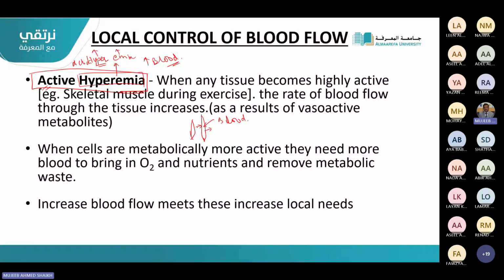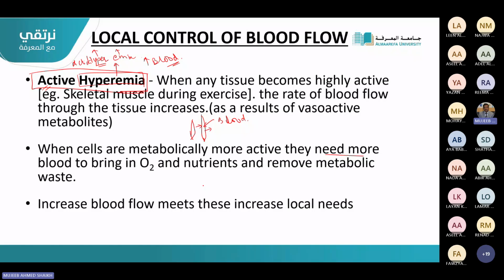Many factors are there. Temperature will increase, the oxygen supply will decrease, carbon dioxide will increase. All of these will cause increased blood flow to this area, to the skeletal muscle, to the active tissues. This is called active hyperemia. When cells are metabolically more active, they need more oxygen and more blood flow.